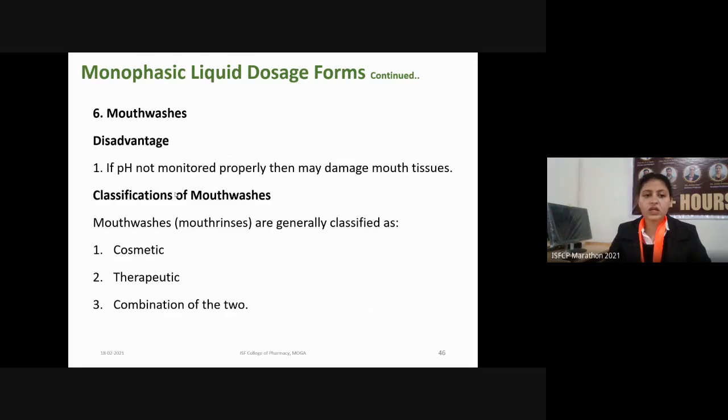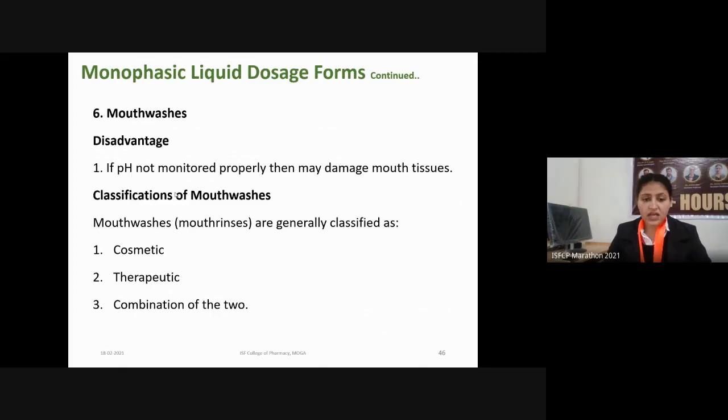Now, the disadvantage of the mouthwash is that if the pH of these mouthwashes is not monitored properly, they may damage the mouth tissues. So, in the preparation of mouthwashes, it should be considered that the pH should be maintained.